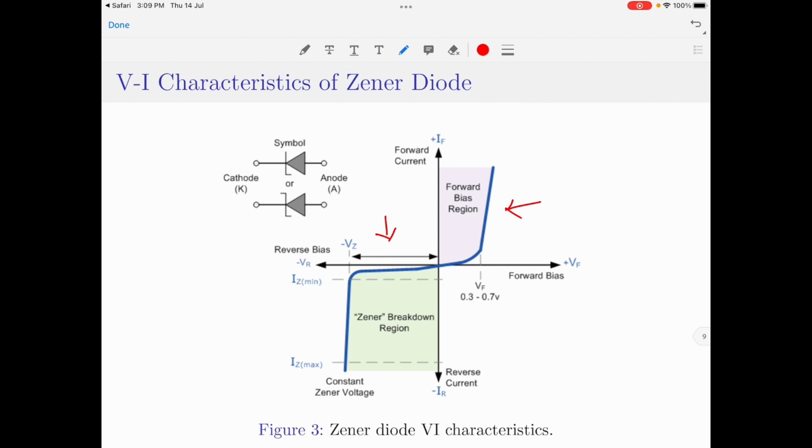After a certain reverse voltage across the junction, the minority charge carriers will get sufficient kinetic energy due to the application of a high electric field, which is nothing but the input voltage. When this happens, free electrons with sufficient kinetic energy will collide with the ions in the depletion layer, thereby creating more free electrons.